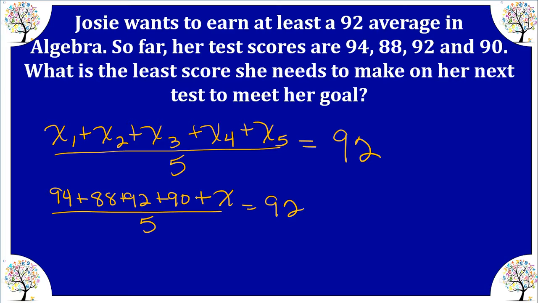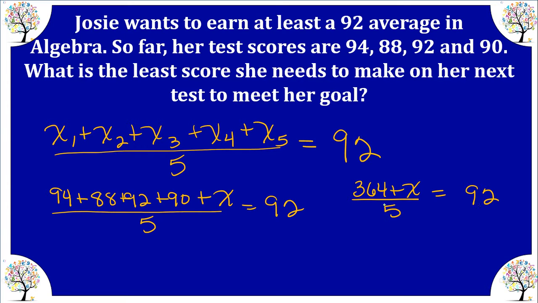Now we're going to do our algebra. We're going to combine these like terms. I'm going to take my calculator, because you can use a calculator in this unit. 94 plus 88 plus 92 plus 90. So I'm combining like terms, and I get 364 plus the next test, all divided by 5 equals 92.